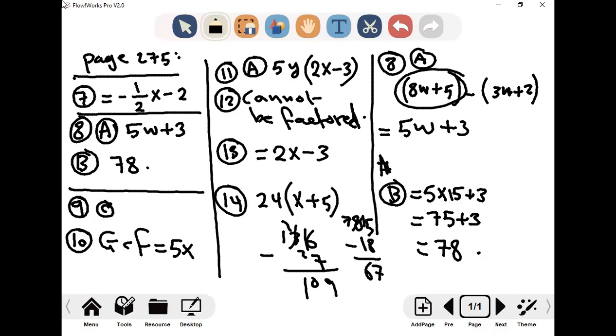A swimming pool has a 3-foot wide cement walkway around its perimeter as shown. Write an expression in factored form that represents the area in square feet of the cement walkway. Let's do it.